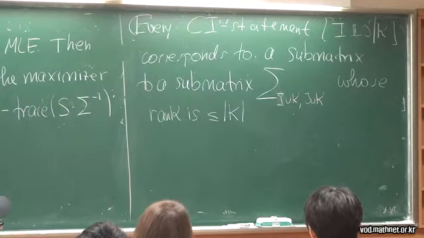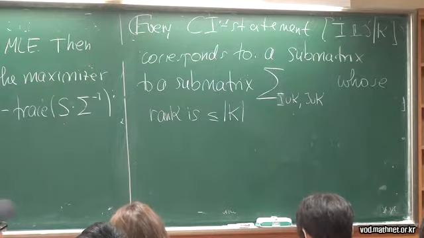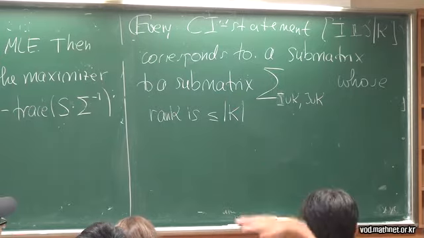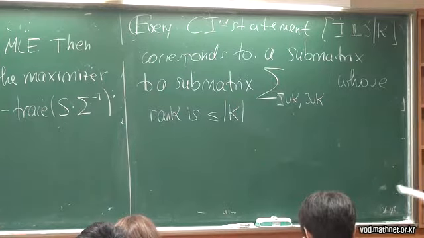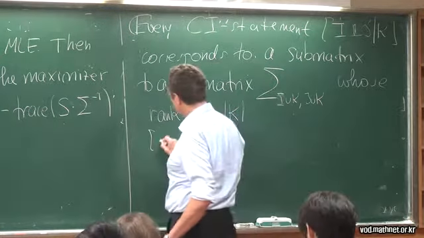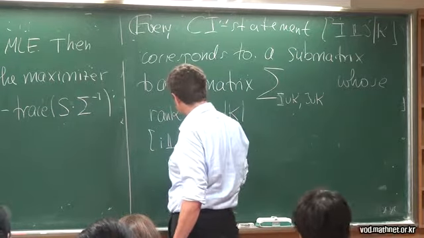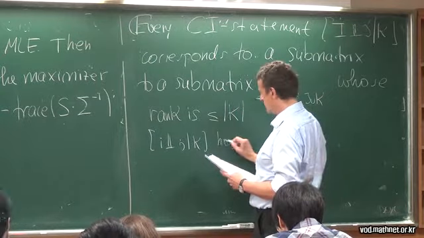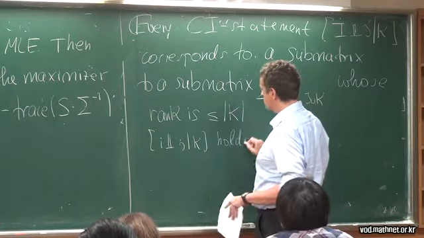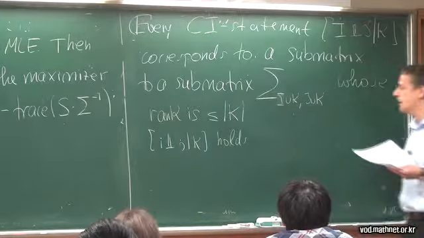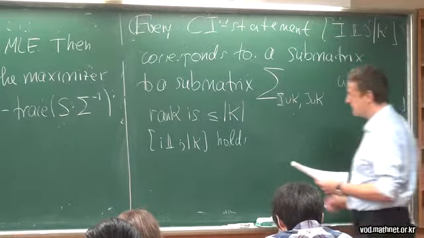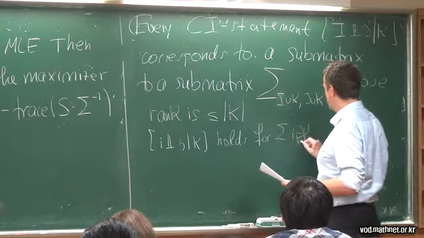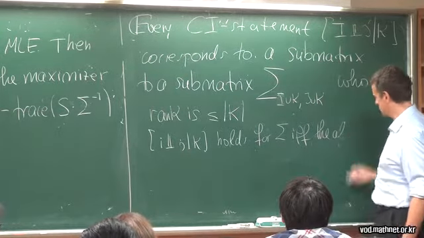That's equivalent. So for a Gaussian distribution, if you run through the calculus, this is what conditional independence translates into. Now, in particular, if I and j are singletons, you can phrase that as follows. The condition I independent of j given k, where I and j are singletons, is one equation. It holds for your covariance matrix if and only if a single almost principal minor vanishes.